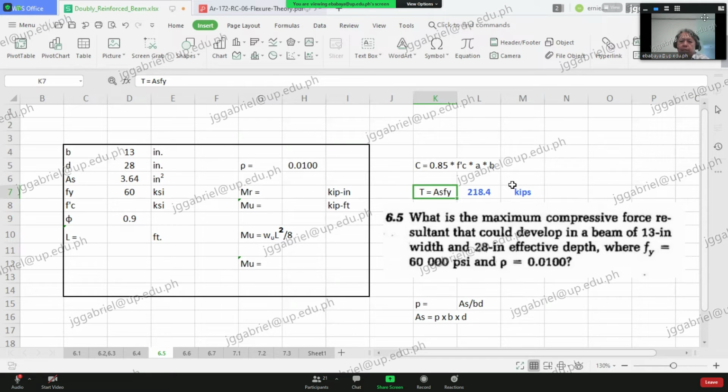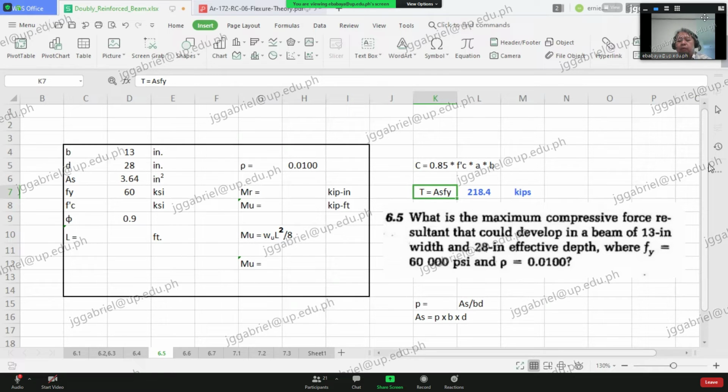Question. Sir, bakit i-equate natin compressive sa tension force? Ito, equivalent na compressive force siya. Ito, equivalent tension force. So we are equating that because yung assumption natin, summation of forces along the horizontal is 0.